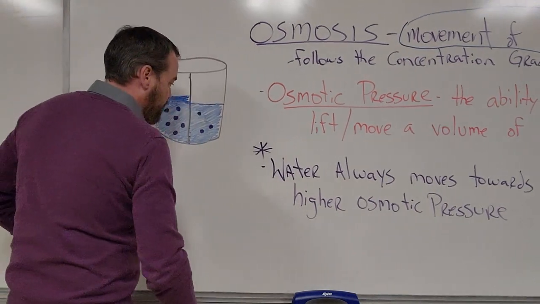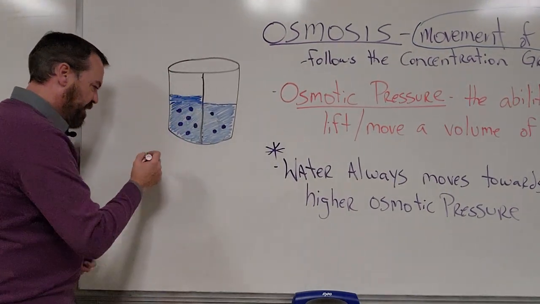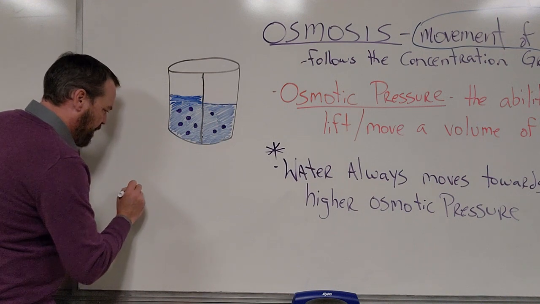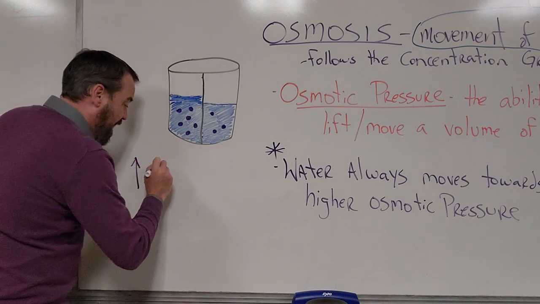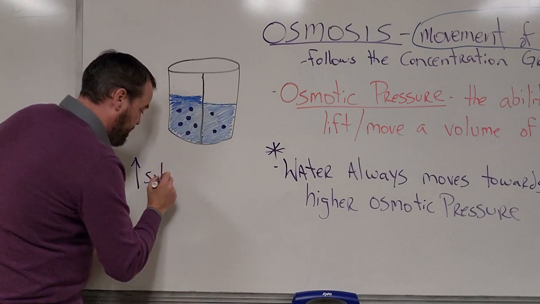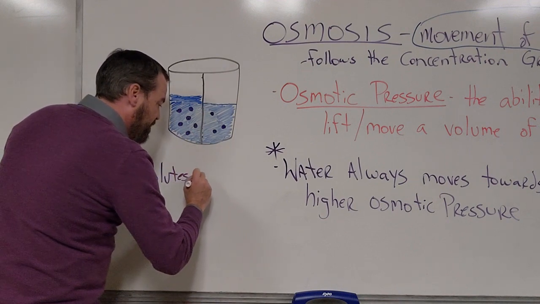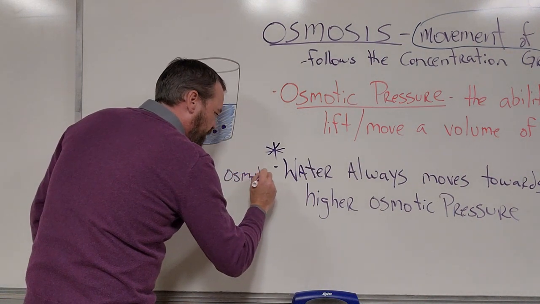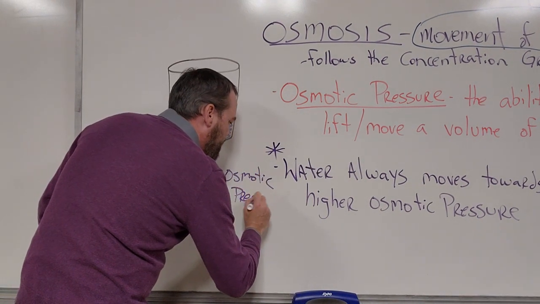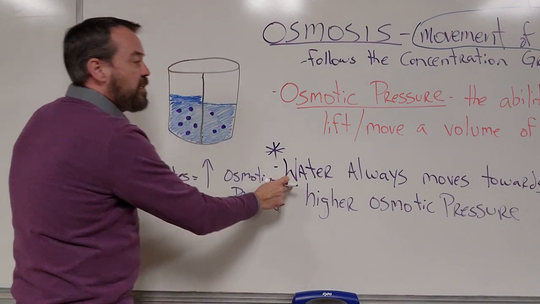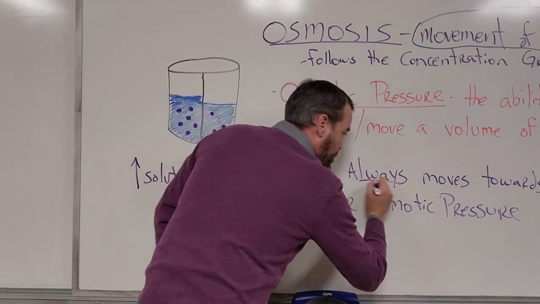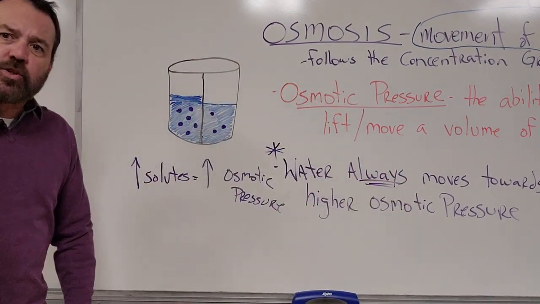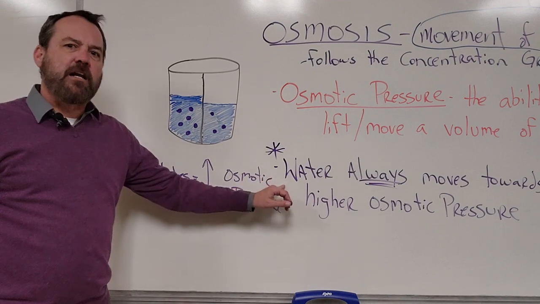Something important to understand here is that the higher the concentration of solutes inside, the higher the osmotic pressure. We just said that water always moves towards the region of higher osmotic pressure.